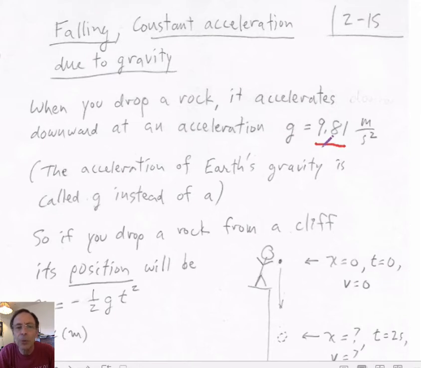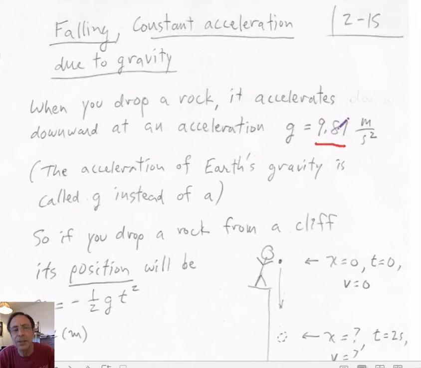It's also worth pointing out that the downward acceleration of gravity can actually change from place to place. So if you're at the top of a mountain, or if you're deep down in a mine, deep underground, it could deviate from 9.81.